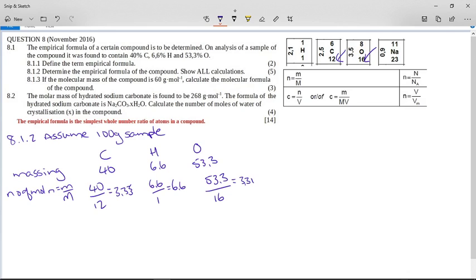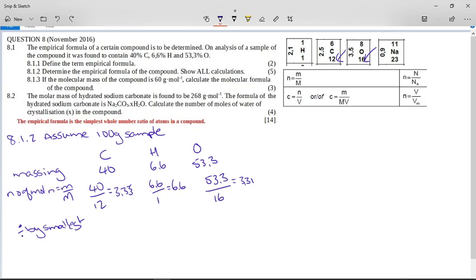So now these are big numbers in a ratio. We need to make it the smallest, simplest ratio. So what we have to do is divide by the smallest number. If you have a look here, you can see I've got 3.3, 6.6, 3.3.